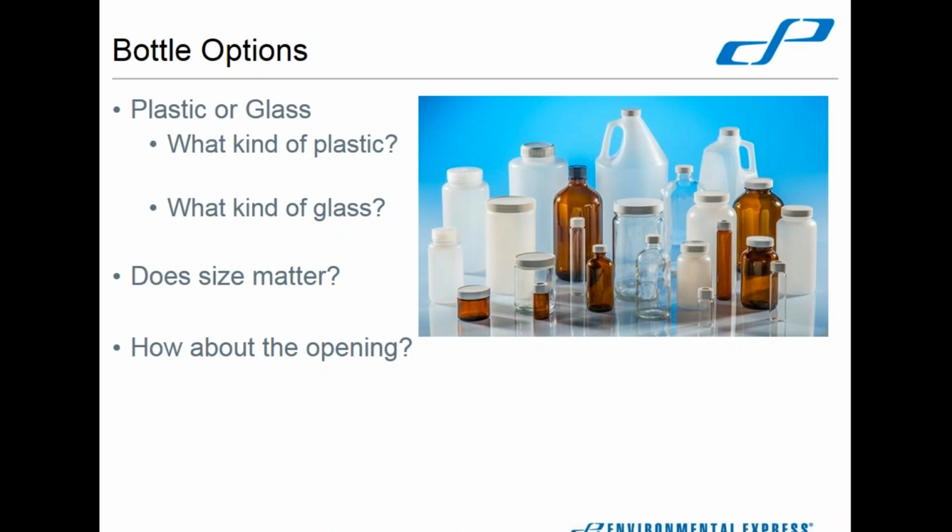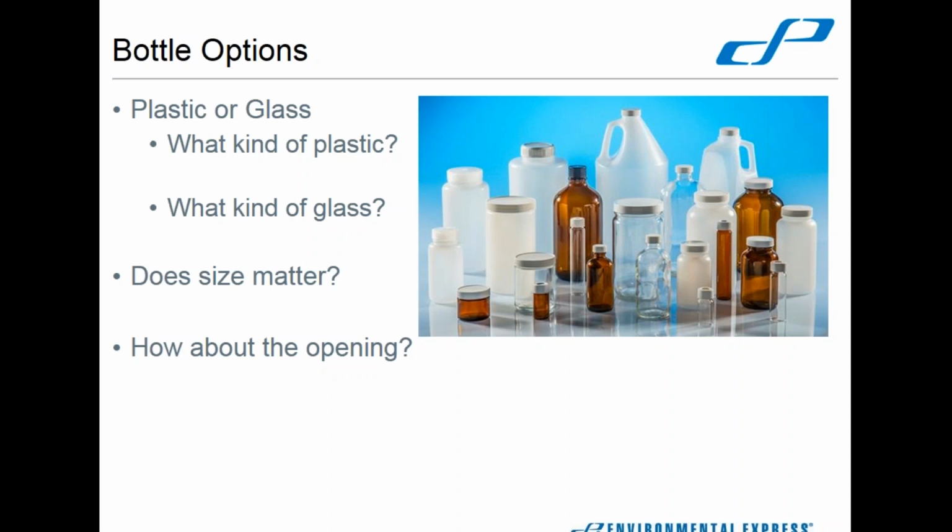A typical IC will use, I don't know, 6 or 10 milliliters of sample, and that 6 or 10 milliliters is good for all of the anions that you might be looking at. Whereas a BOD sample could use 500 milliliters to pour up all your different dilutions in your bottle. A TSS sample might need up to an entire liter to filter, depending on the amount of solids present. So the amount of sample matters only in relation to the test that you are running.